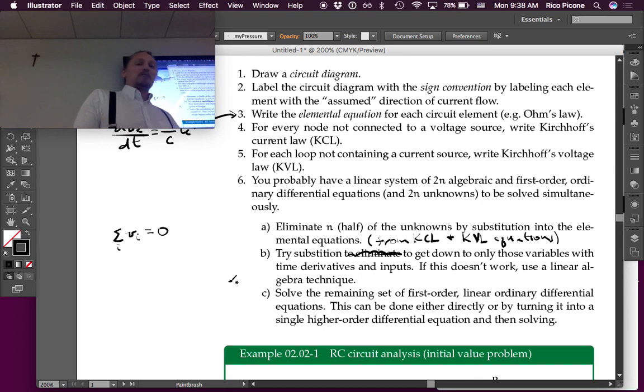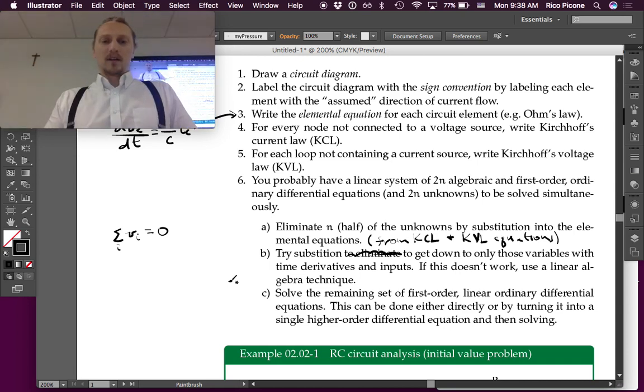I actually don't have a strong opinion on what you do. Whichever one you're more familiar with is fine with me. Early on, we're mostly going to be focused on first and second order systems for actual full solutions.